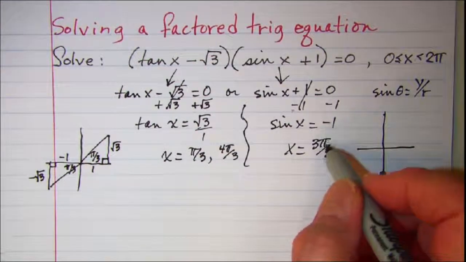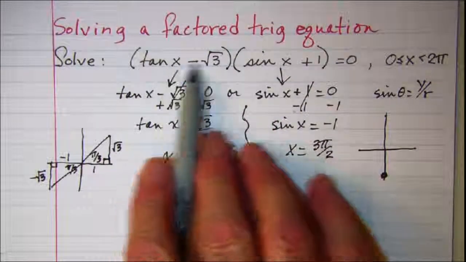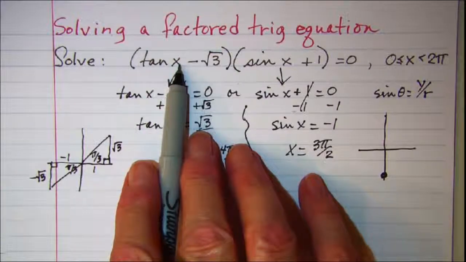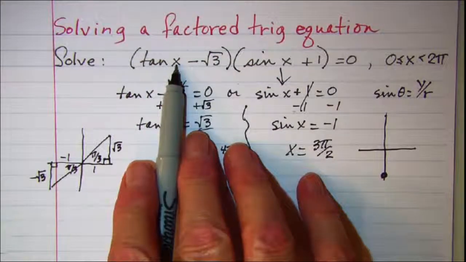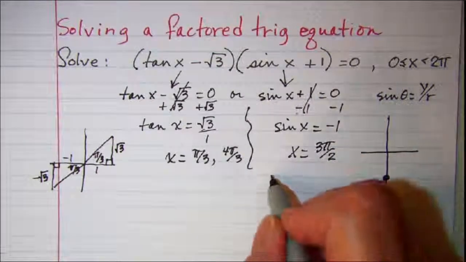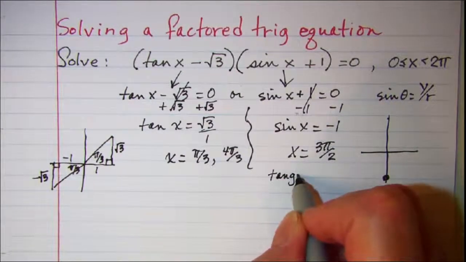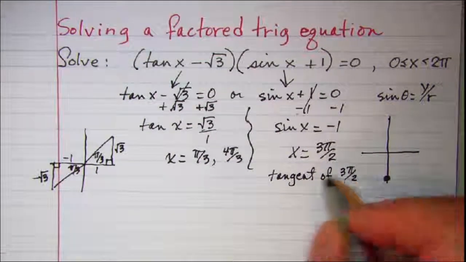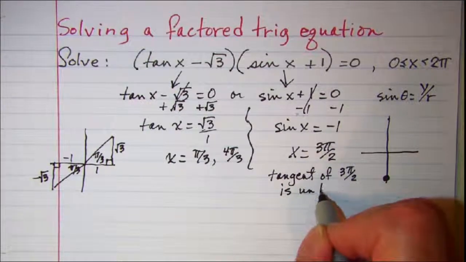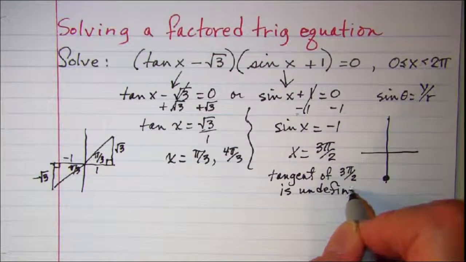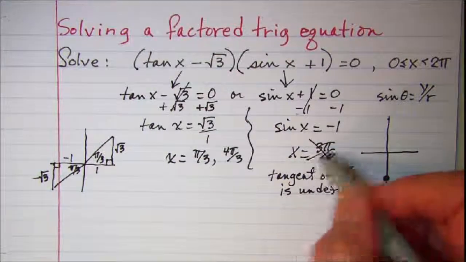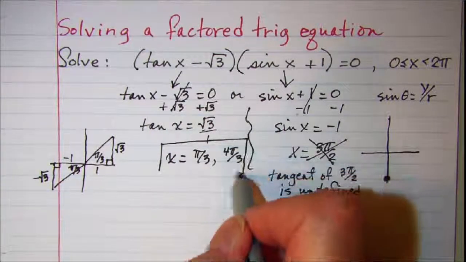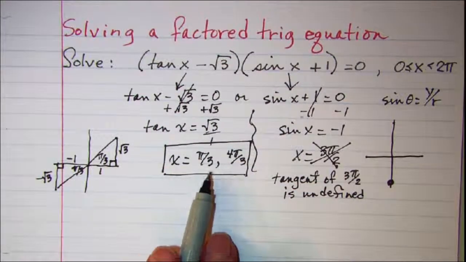So if we put 3 pi over 2 into this equation, this part of the equation would be undefined because tangent of 3 pi over 2 is undefined. So I'm going to make that note. Tangent of 3 pi over 2 is undefined. Therefore, this answer is not acceptable. So my only values that I can use for x are pi over 3 and 4 pi over 3.